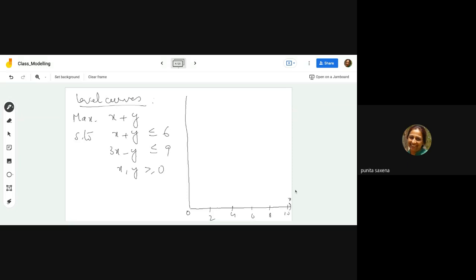This is my x-axis, and this is going to be my y-axis. 2, 4, 6, 8, 10, right? Now, what are the 2 points for the first constraint? (0, 6) and (6, 0). Is that right?